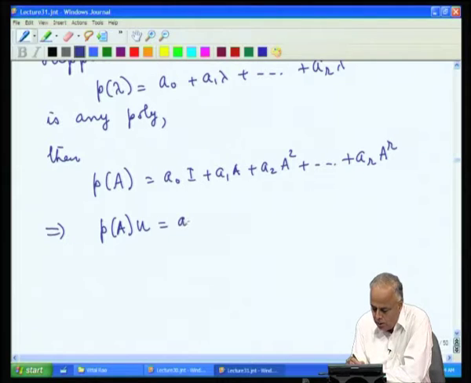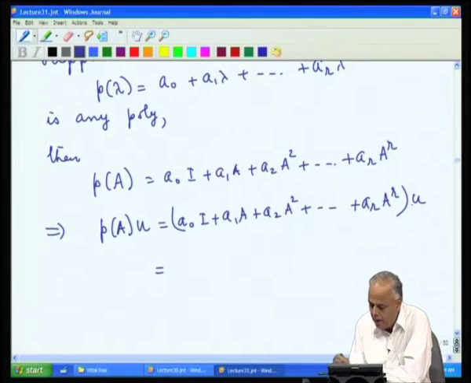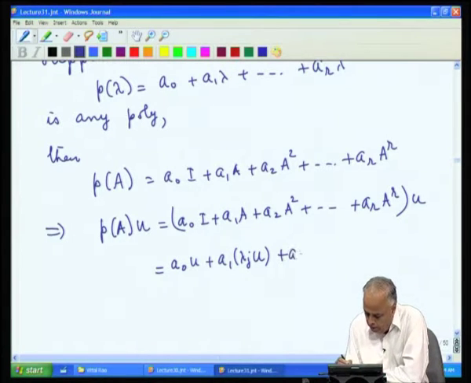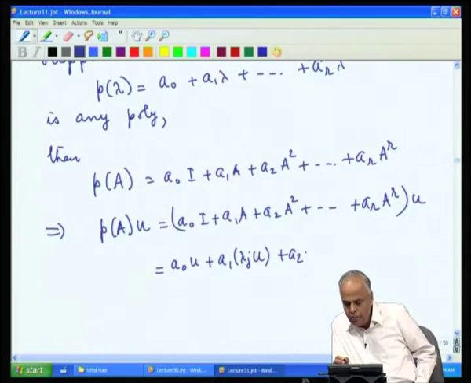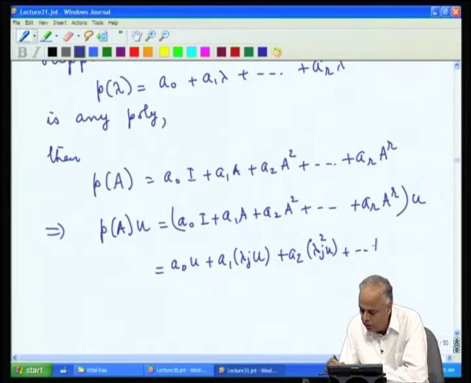P(A)u is a₀I plus a₁A plus a₂A² and so on plus a_r A^r, into u. Now, we multiply: a₀I times u is a₀u, a₁A times u is a₁λⱼu, because u is an eigenvector, a₂A²u is a₂λⱼ²u, we have just now seen that, and so on, a_r λⱼ^r u.